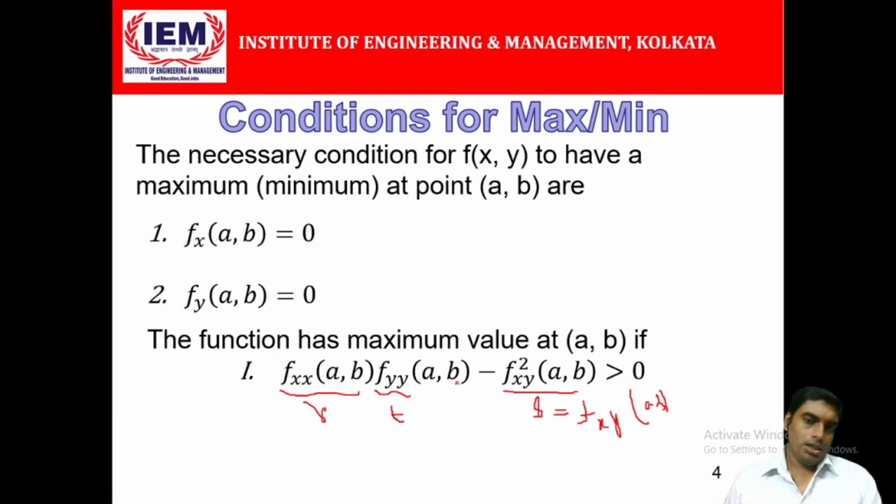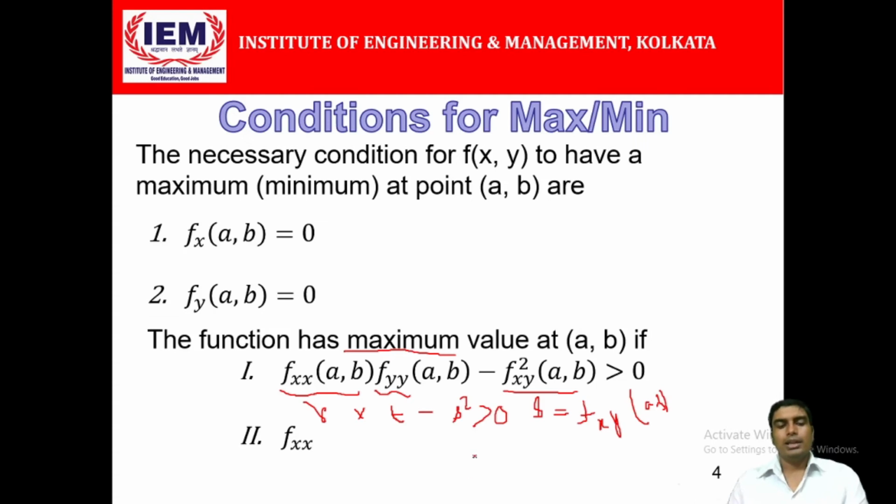Now we first have to see whether this one is positive. Here we are finding out whether it is a maximum value or not. Then r times t minus s squared should be positive, that is one condition. Another is that the second partial derivative with respect to x should be negative.